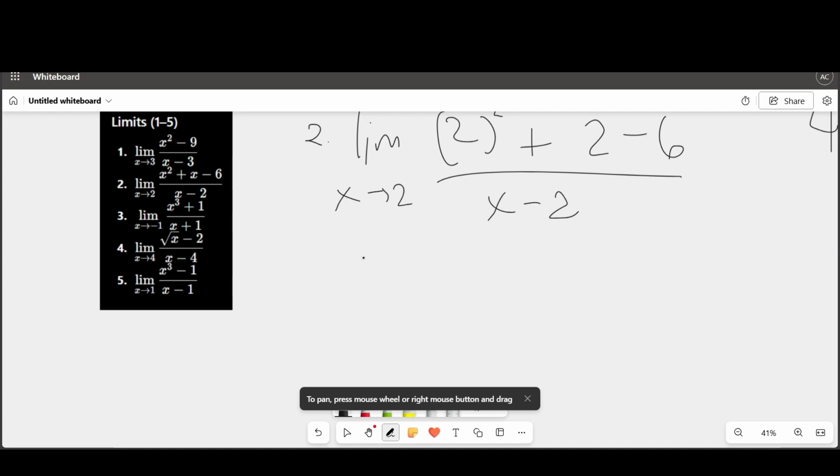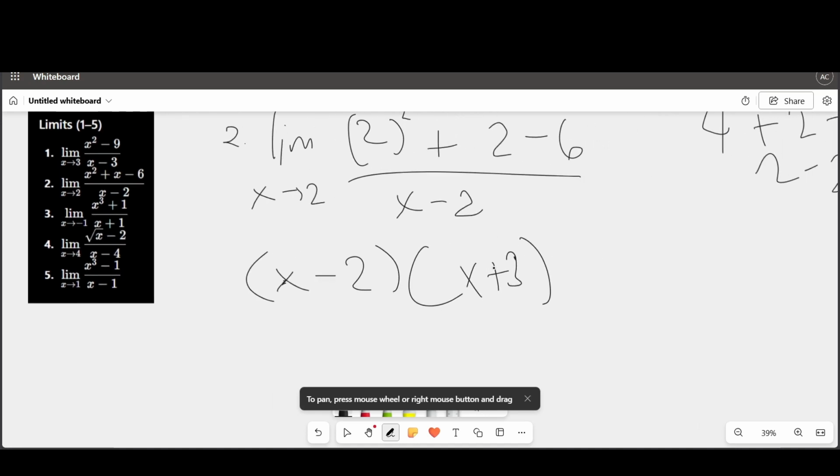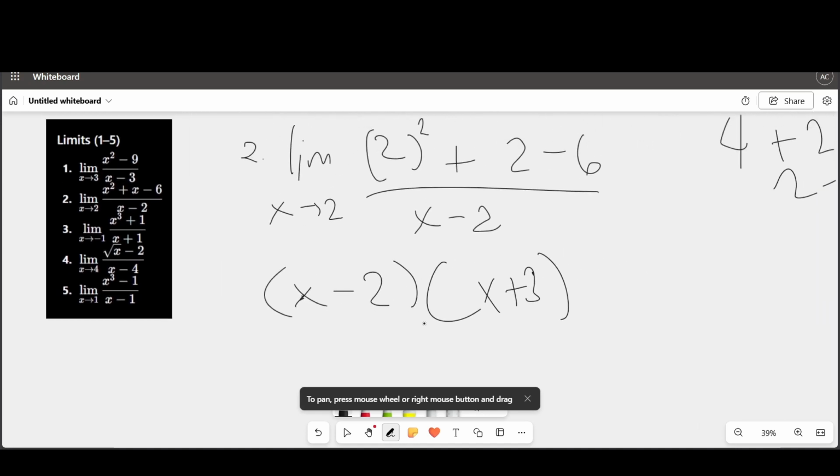I believe it's going to be x plus 3, and x minus 2. It's probably going to be like that.